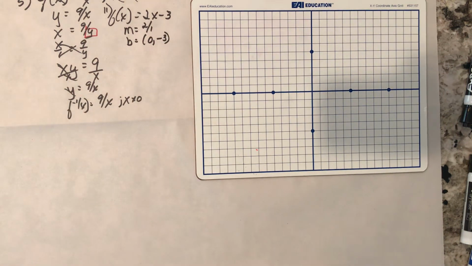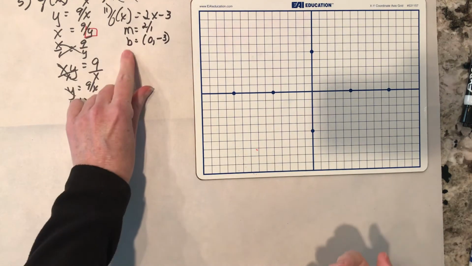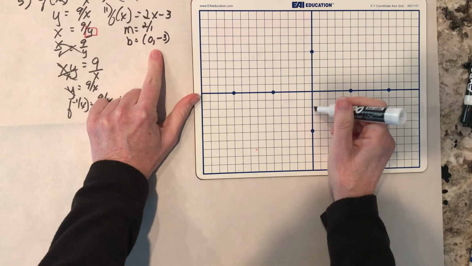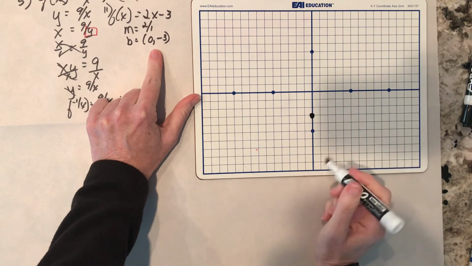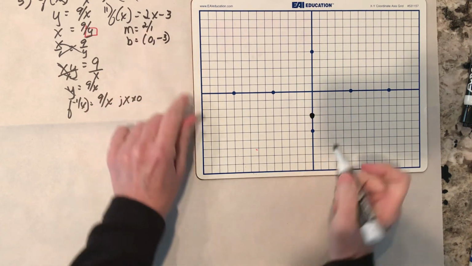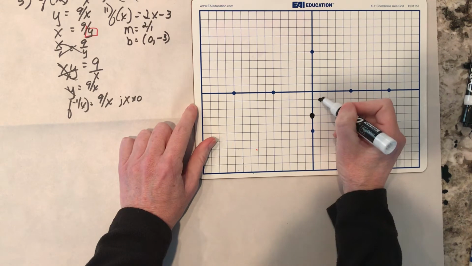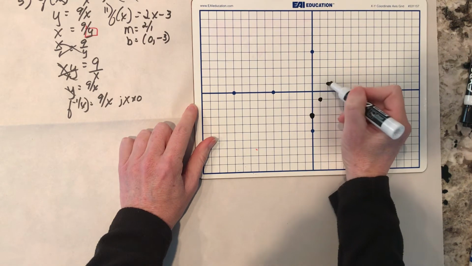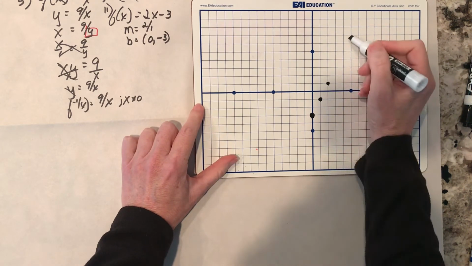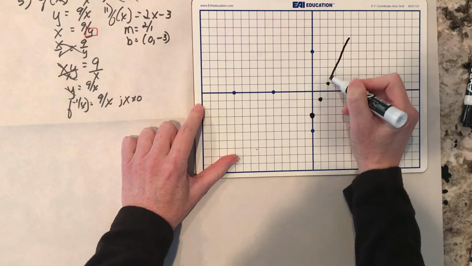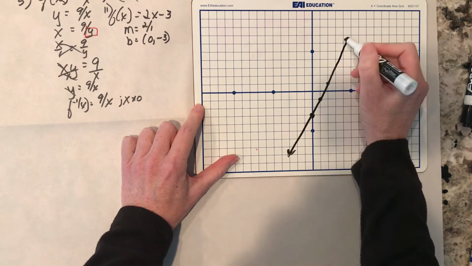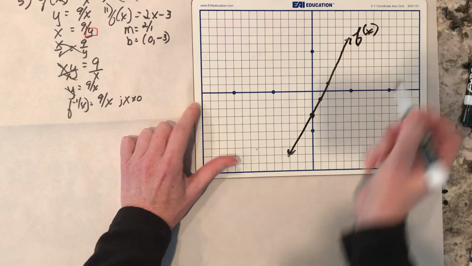To draw this line, I'm going to begin at 0, negative 3. And then from there, I'm going to go up 2 and over 1, up 2 and over 1, another one, up 2 and over 1. You can go endlessly if you'd like to. So this line looks like that. There's f of x.